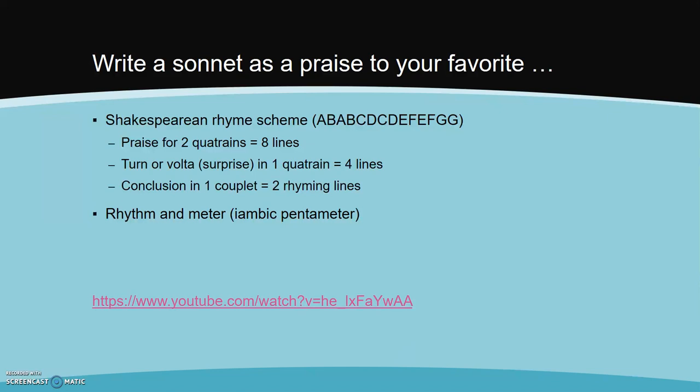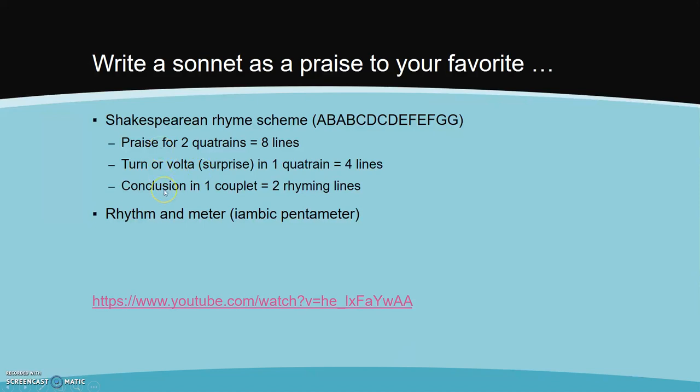In the turn, the volta, the 3rd quatrain, you will write a surprise. Maybe that you like this computer so much that it doesn't give you much sleep. You will go to bed too late because of this computer. So there is a dark side of the thing that you are praising. So some kind of surprise.